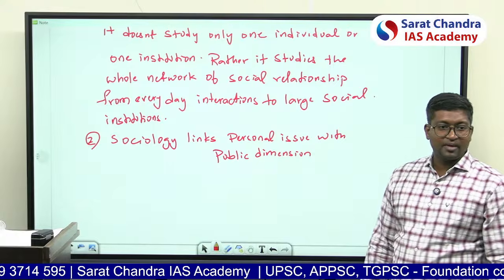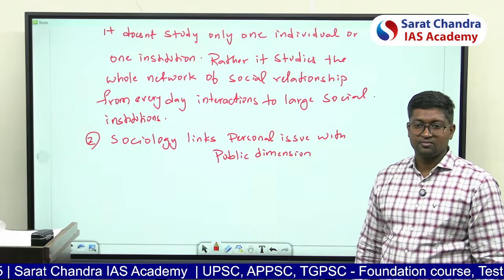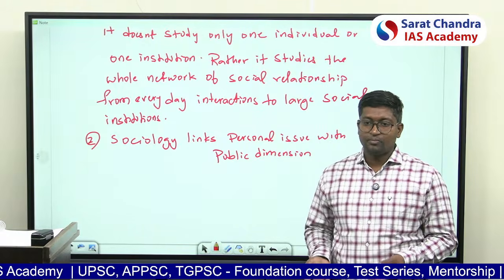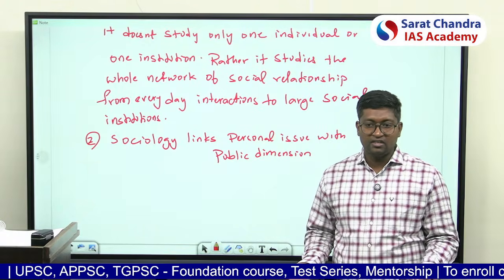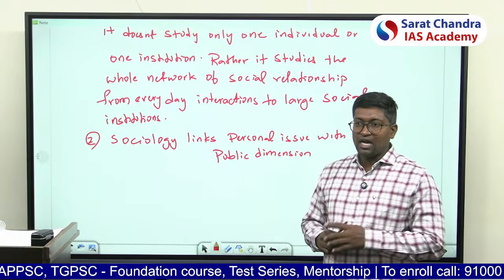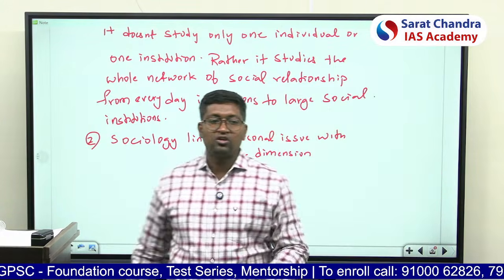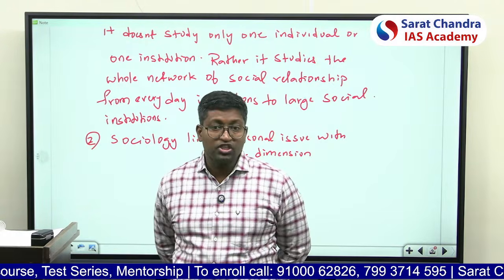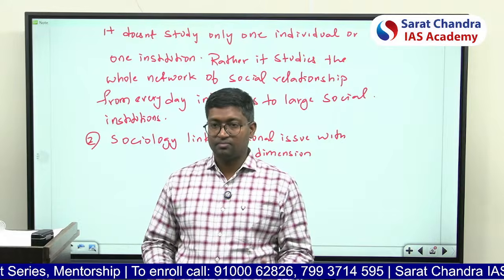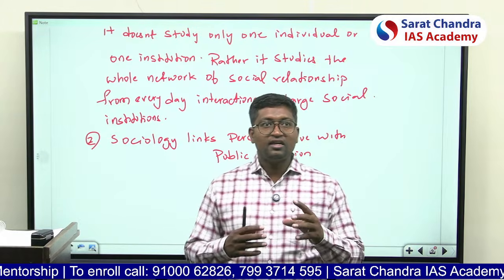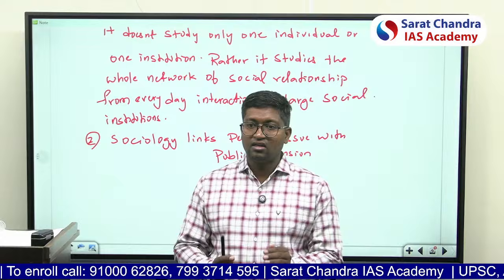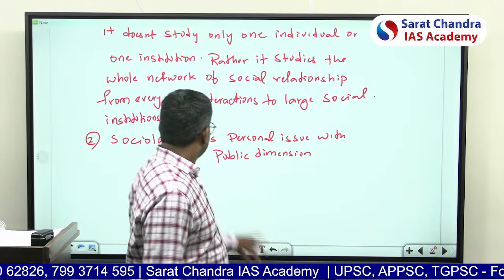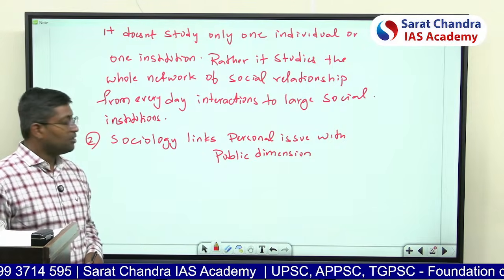The concept of sociological imagination was given by C. Wright Mills. Remember sociological imagination: no issue is purely personal, everything is public. Another subject will say that a person is poor because he is lazy, but sociology will say that social privileges, social disabilities, and sociological inheritance are making him poor. So sociology links personal issues with public issues.